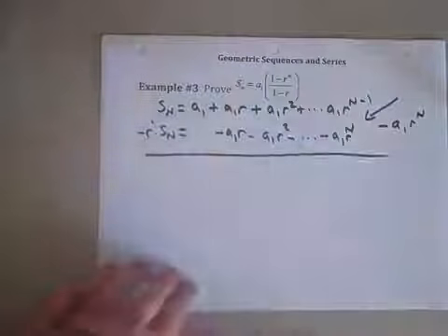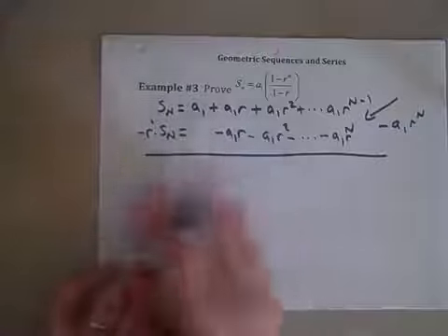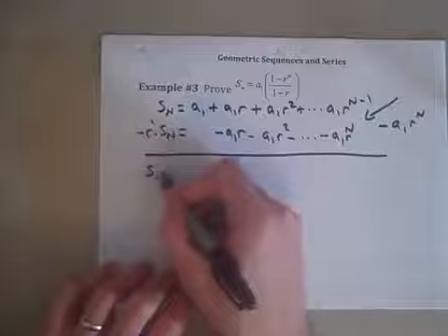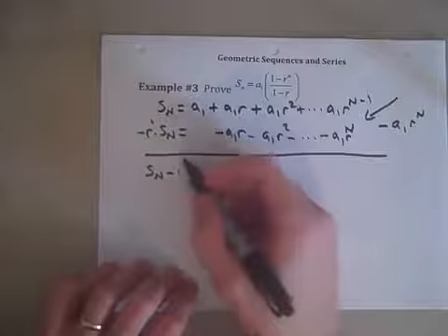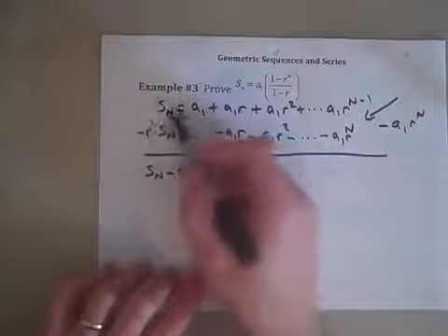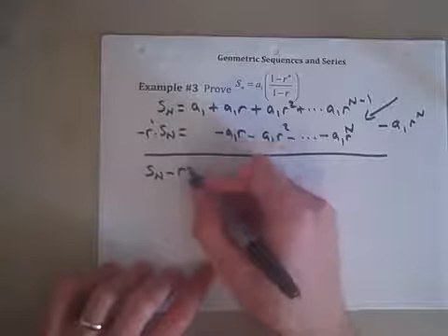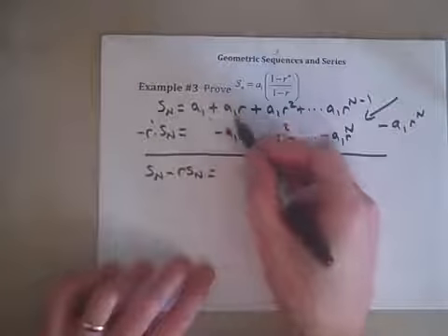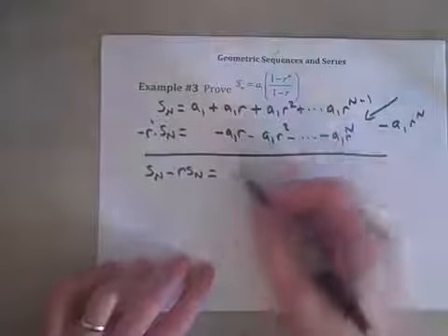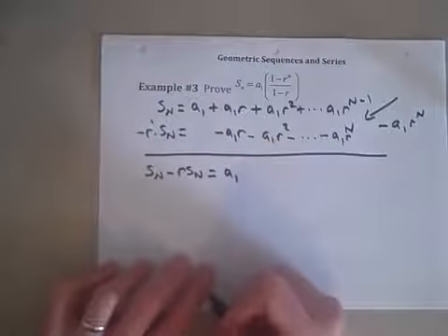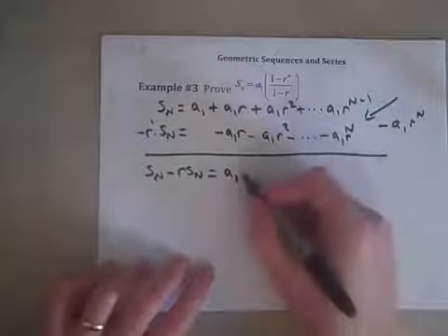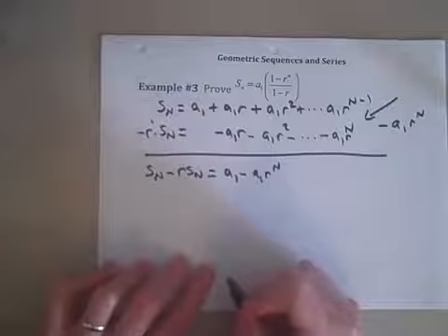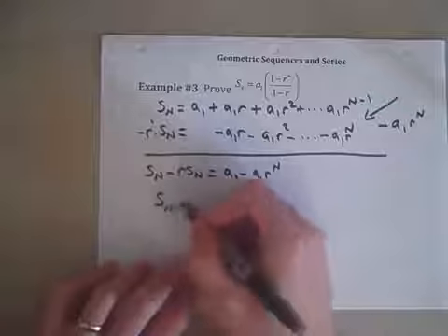Just like in yesterday's notes, or the last set of notes, we're going to manipulate this. So we're going to add here. S sub n minus r s sub n equals... If we add here, add here, add here, we add all the terms together, we're going to have the first term, and then we're going to have the last term. Factor out an s sub n.